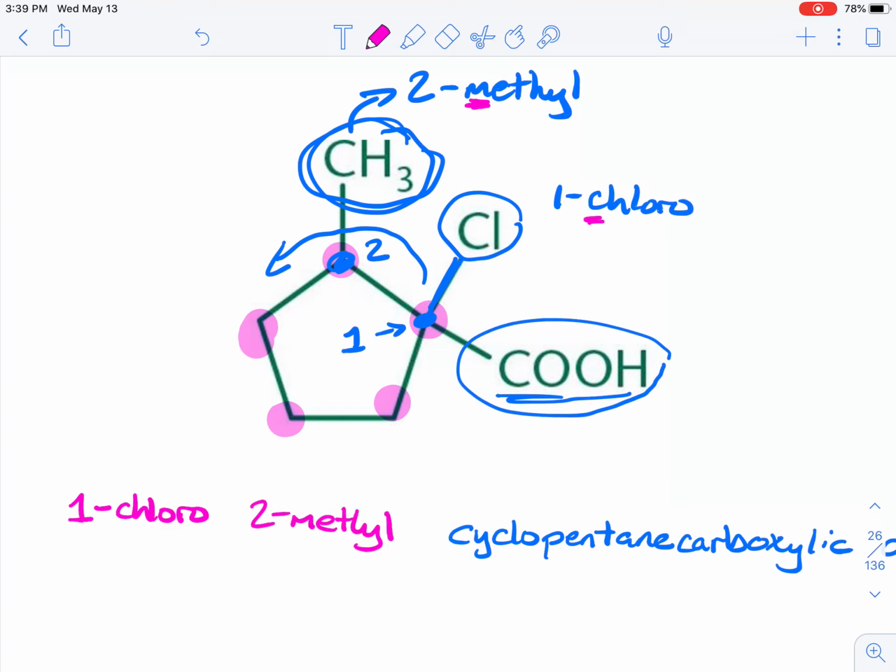And so since I'm going from letter to letter, I'm going to scoot this over. Remember that I do not need to indicate the carbon number for this carboxylic acid, just because it's always on carbon number 1. However, since I'm going from a letter to a number, I need to put a dash here. And then I'm going to scoot this guy over. And this would be the final name of this organic compound.